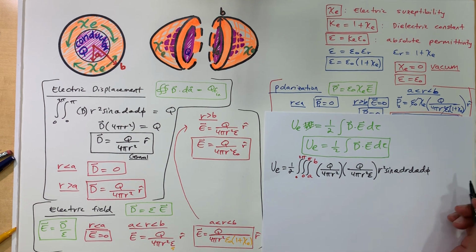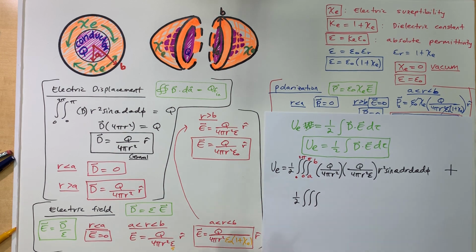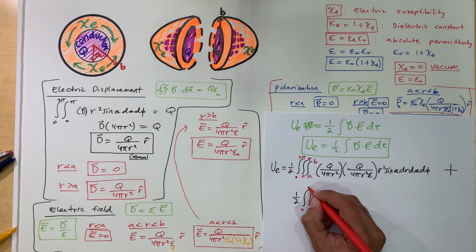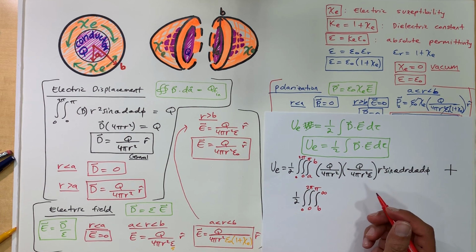Okay, that is plus 1/2, 3 more integrals, 0 to 2 pi, 0 to pi, and then here we got b to infinity.